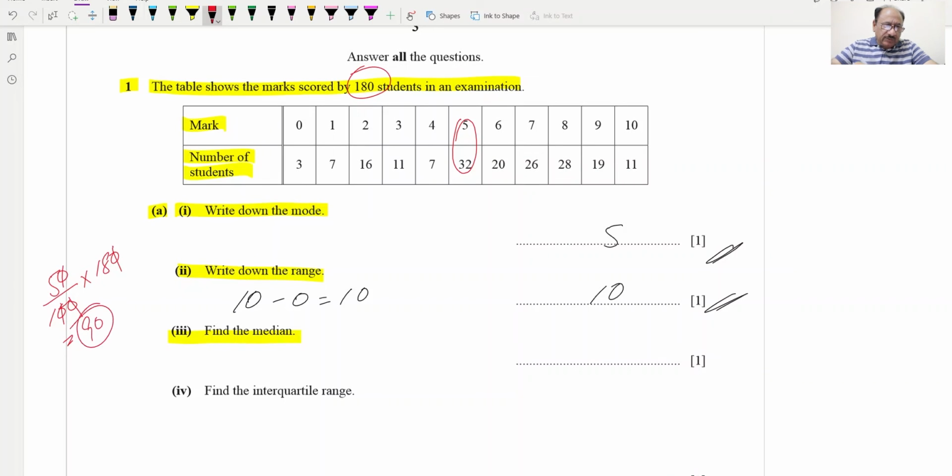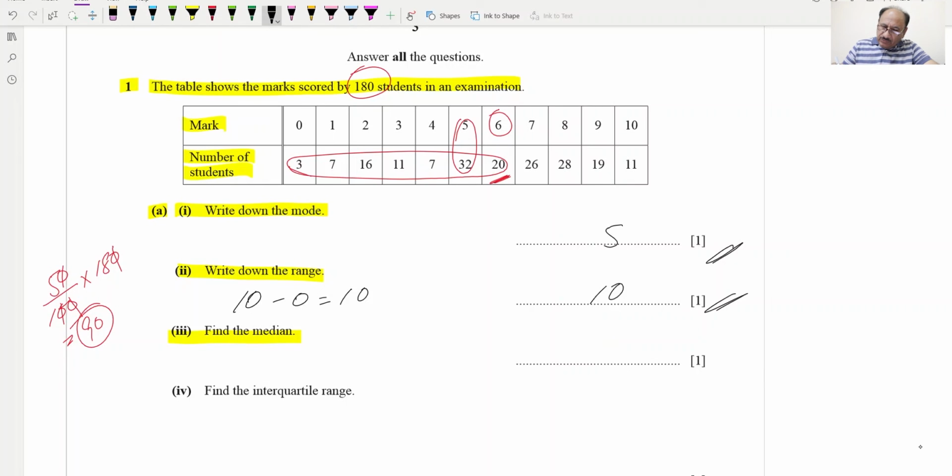So we check where the 90th value is lying, and if we add these all, the 90th value will be in this one, so we will write the answer as 6.